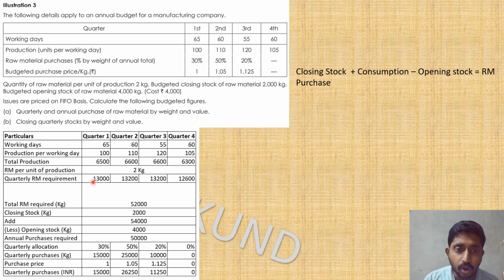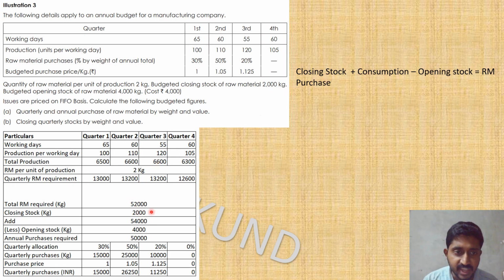We can add all these quarterly requirements, which comes to a total annual requirement of 52,000 kg. This is RM required, or nothing but RM consumption. So this is the consumption we have got here, which is 52,000 annually. And closing stock is given in the question as 2000. So add closing stock to the consumption.